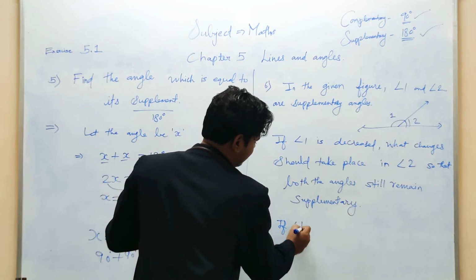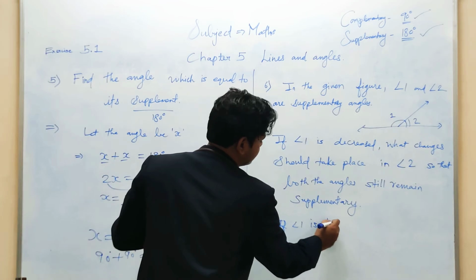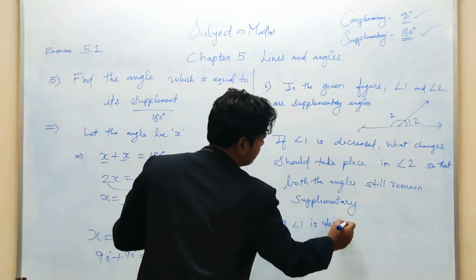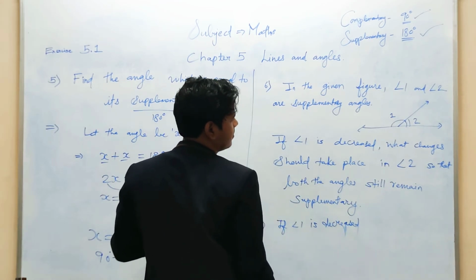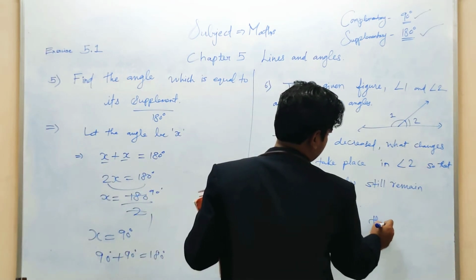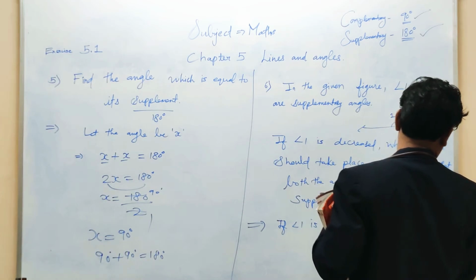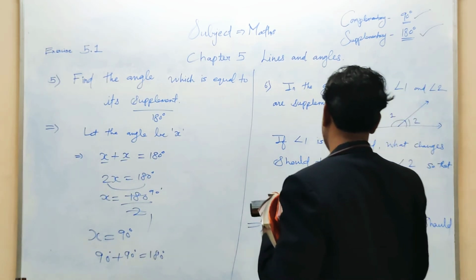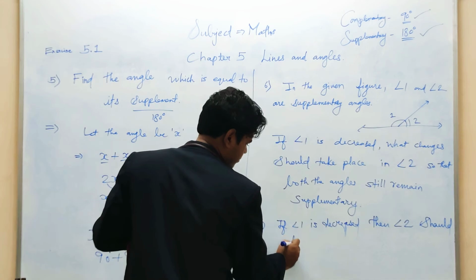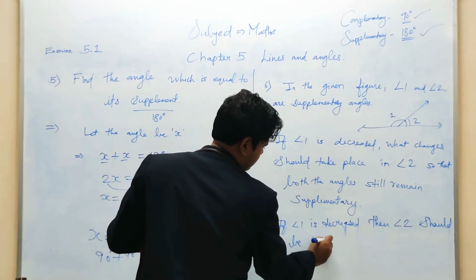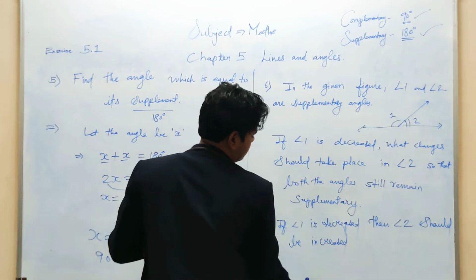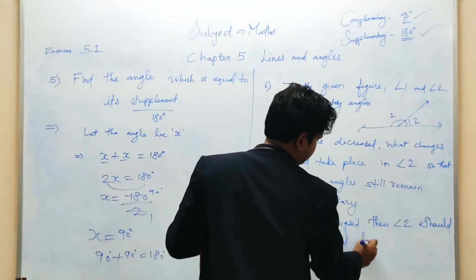So we can write, if angle 1 is decreased, then angle 2 should be increased by same measure.